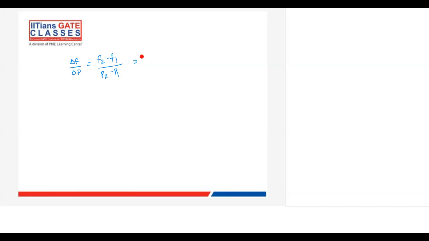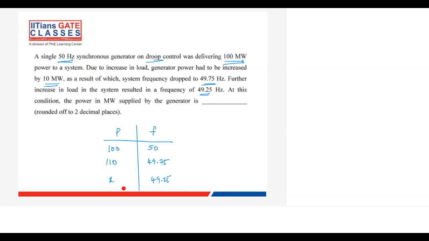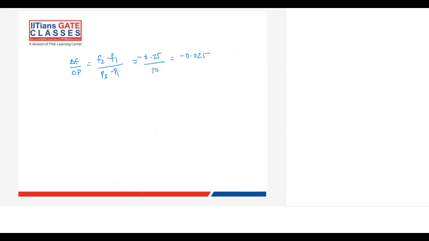If you do that, you will get it as minus 0.25 divided by 10, which is minus 0.025. Now we can extend this to find X. We can take any pair since it's a straight line. Let's look at this pair.